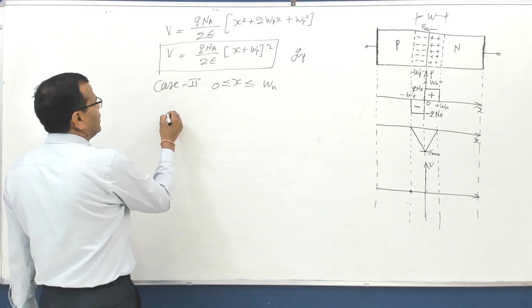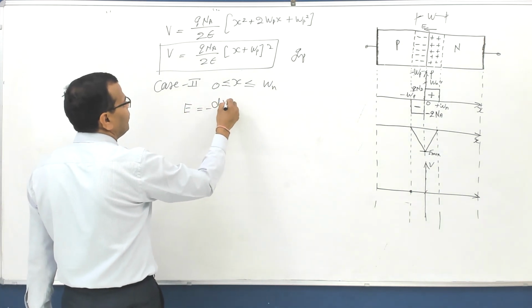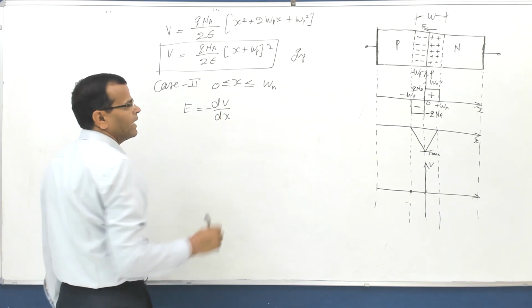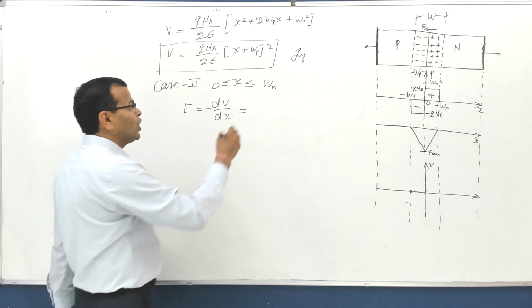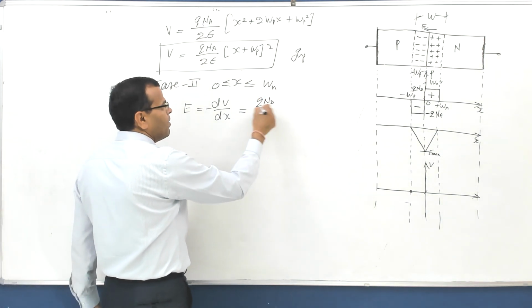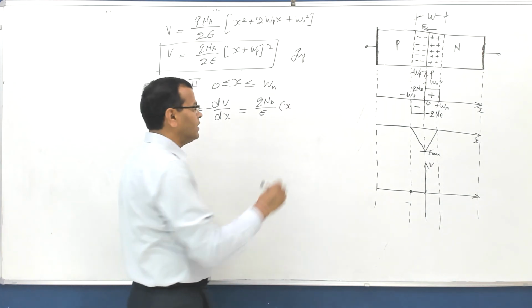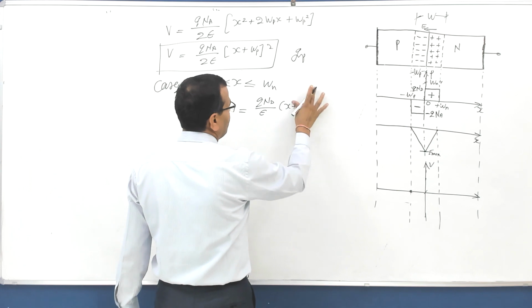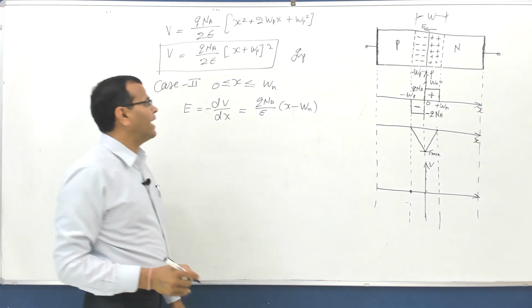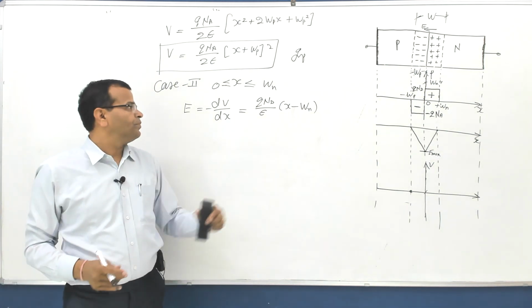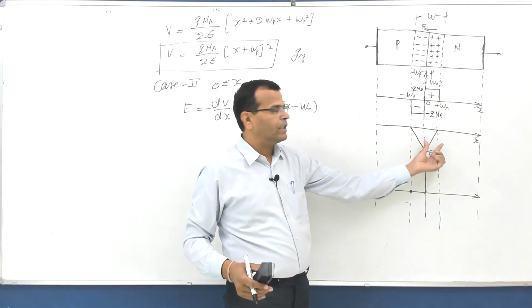Now again, just try to recall, E is equal to minus dV by dx, and this is equal to, can you recall the expression please? q N_D by epsilon into (x minus Wn). That's what we had in the case of the electric field on this side.